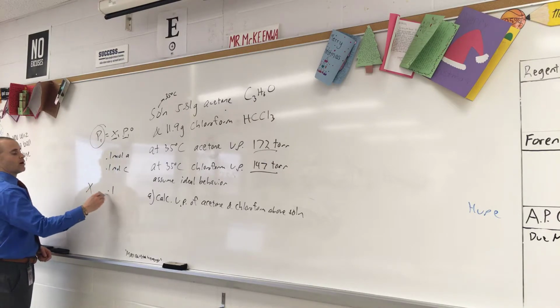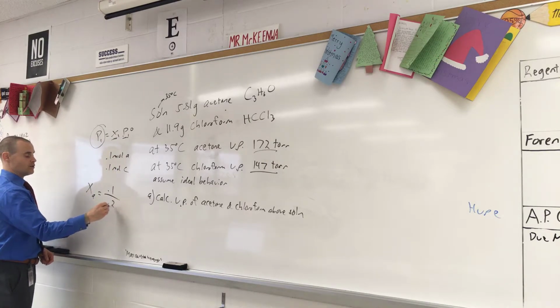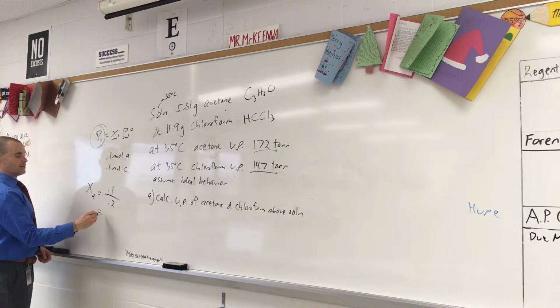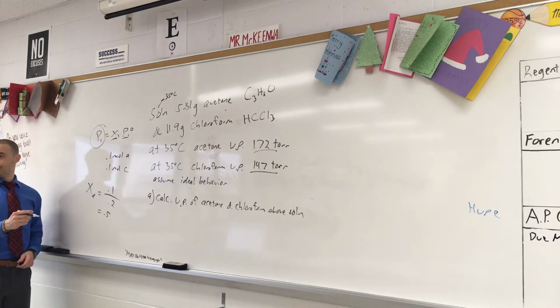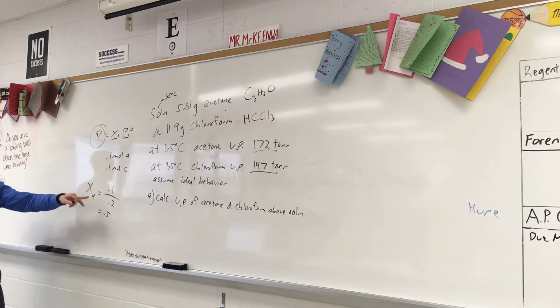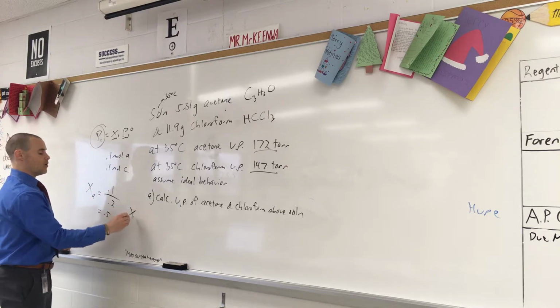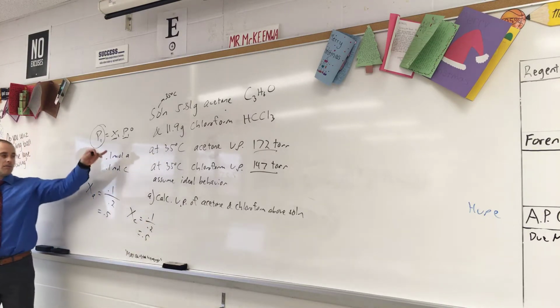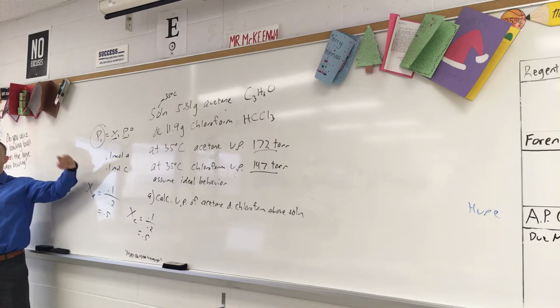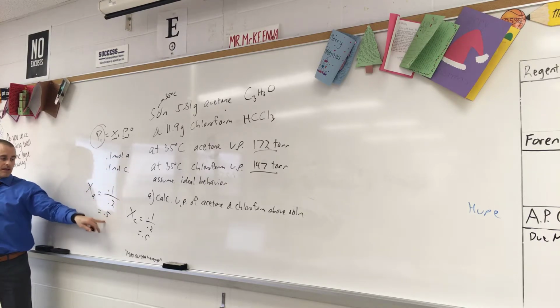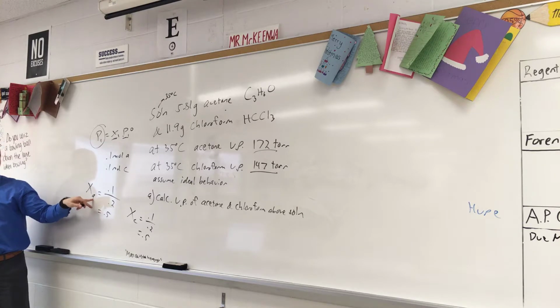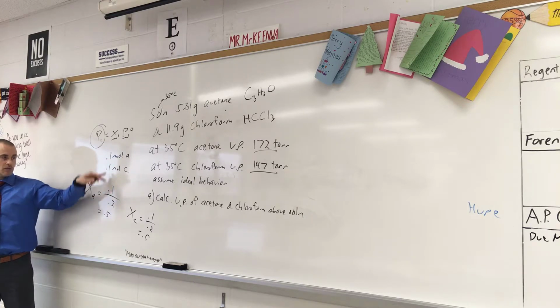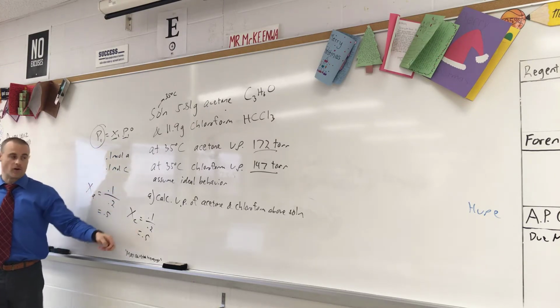It's going to be 0.1 over 0.2, which is 0.5, right? So that's the mole fraction of acetone, and the mole fraction of chloroform is exactly the same. If you have equal amounts of both, then the mole fraction is going to be a half for both of them, because it's part over whole. So mole fraction of acetone is 0.1 over 0.2, which is the total moles. Same thing for chloroform.